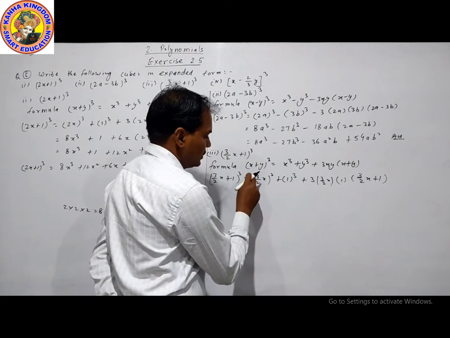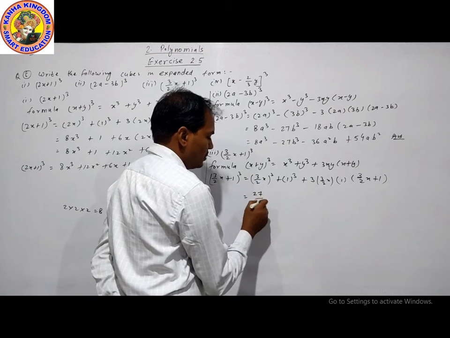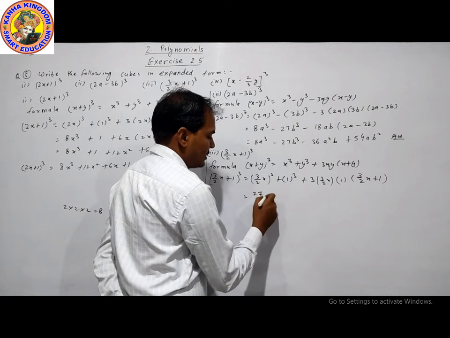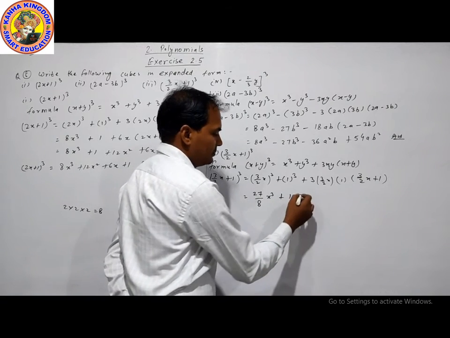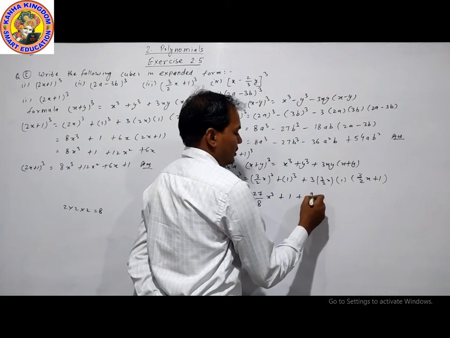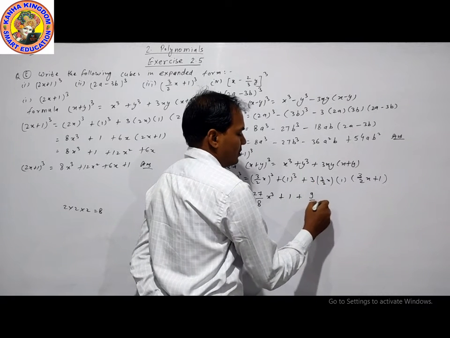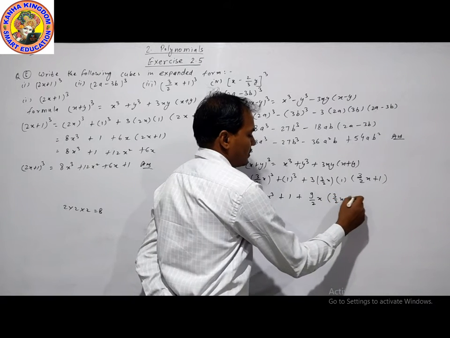Now taking cube, 3 cube is 27, 2 cube is 8, x cube, and 1 cube is 1. Now 3 into 3 is 9, then 2, then x, (3 by 2x plus 1).